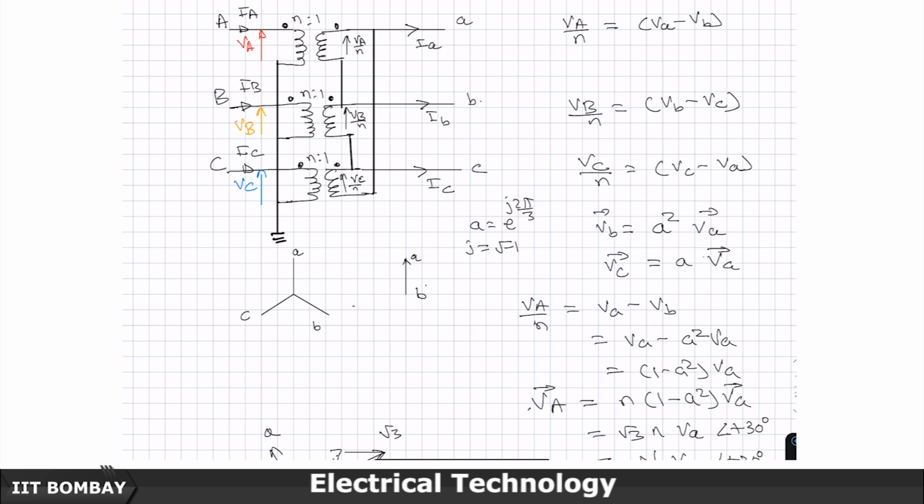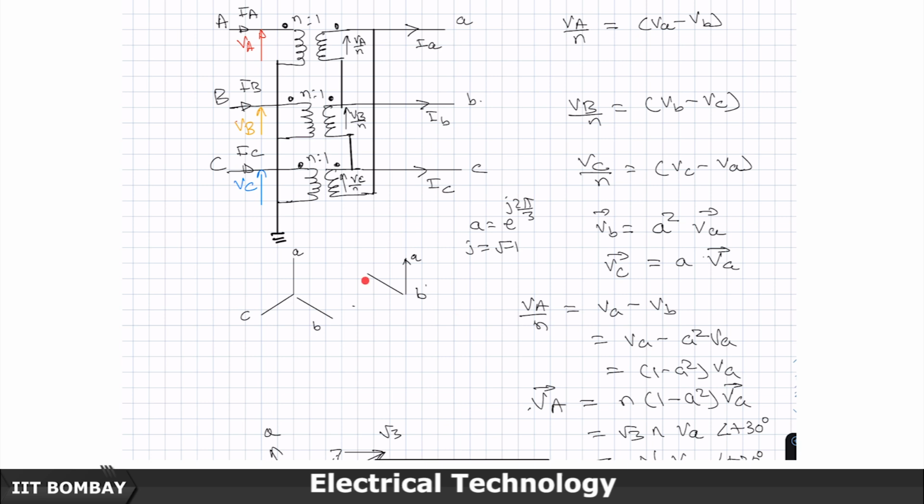Now let's take this voltage, duplicate it, and what is this voltage? This voltage is B to C. So, pick this one from here, take it parallelly, bring it here.